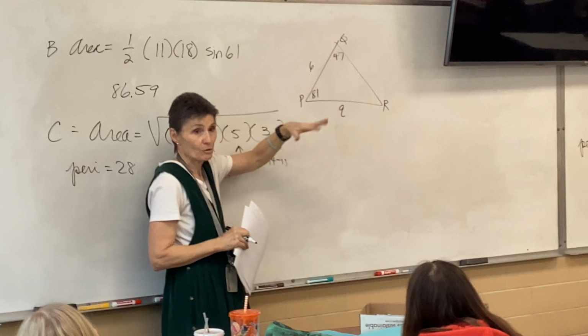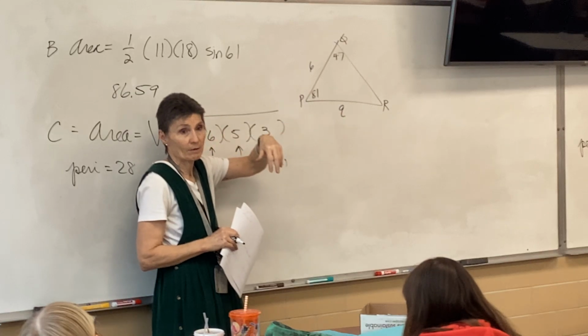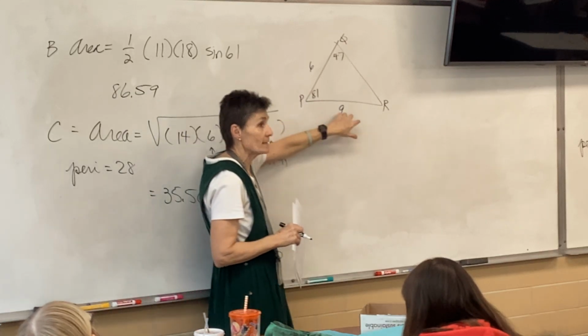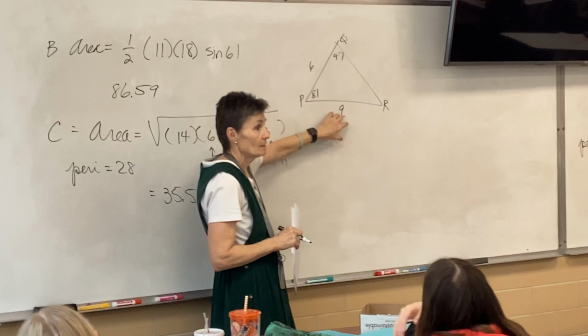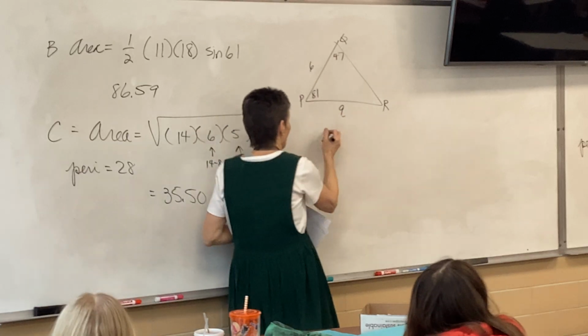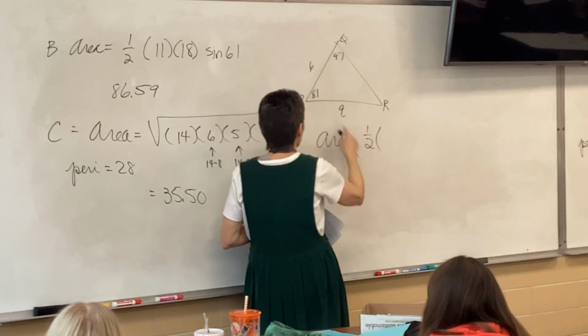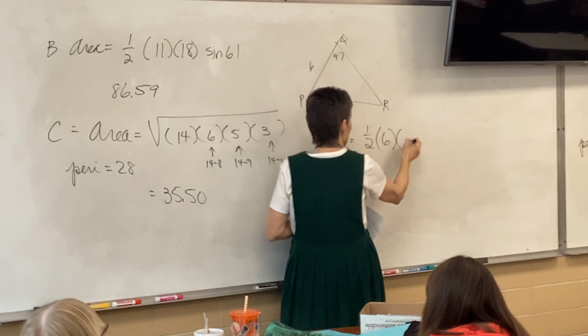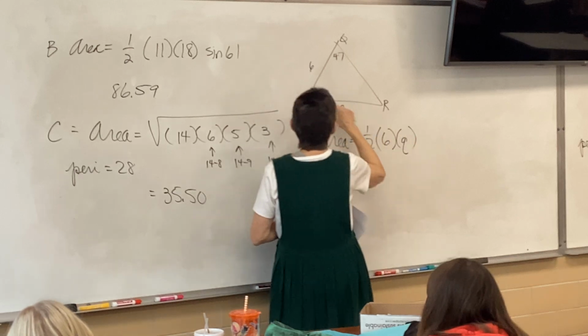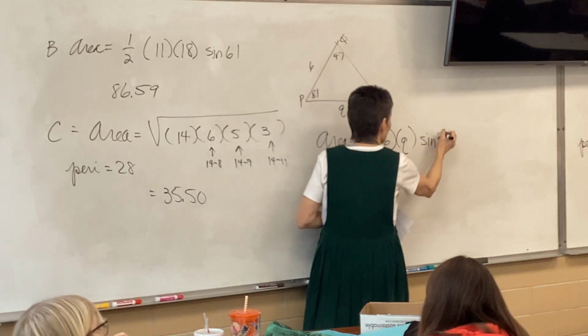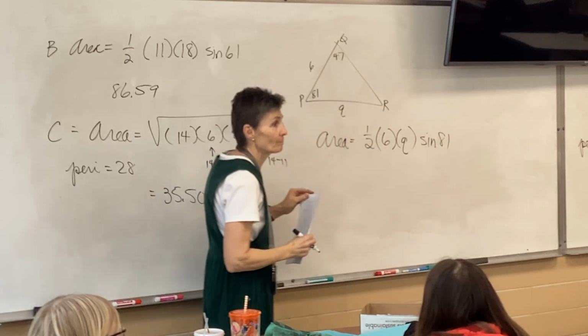Yes, I can, and I'll do that in a minute, but that's not gonna help me find the area. To find the area, don't I need like a side? So my area, don't get ahead of yourselves, my area is gonna be 1/2 6 times Q times sine 81. Won't that be my area?